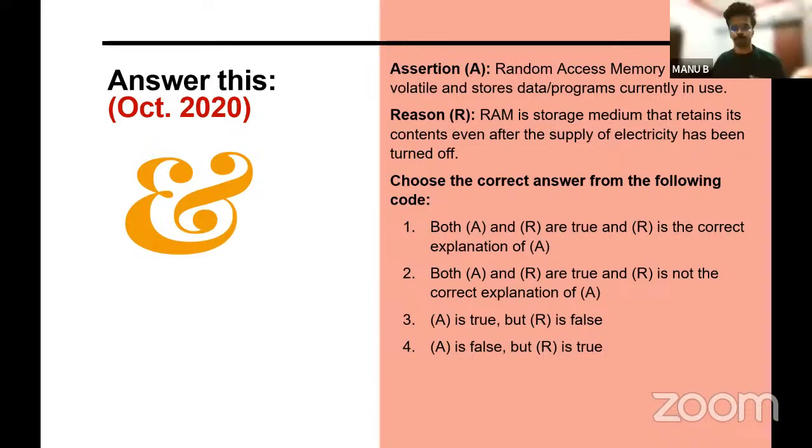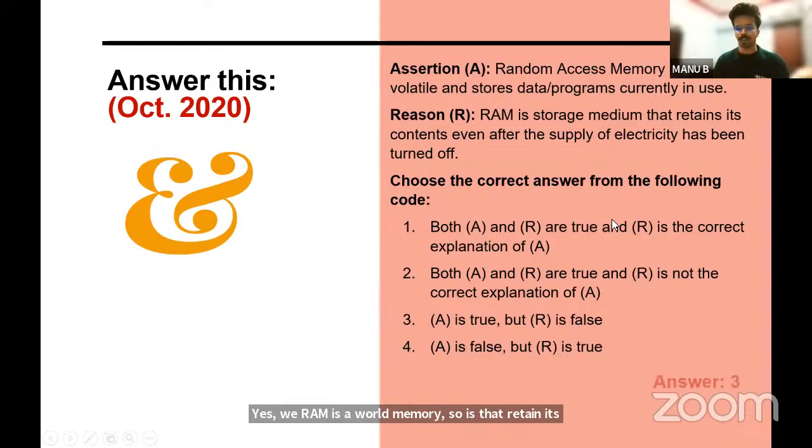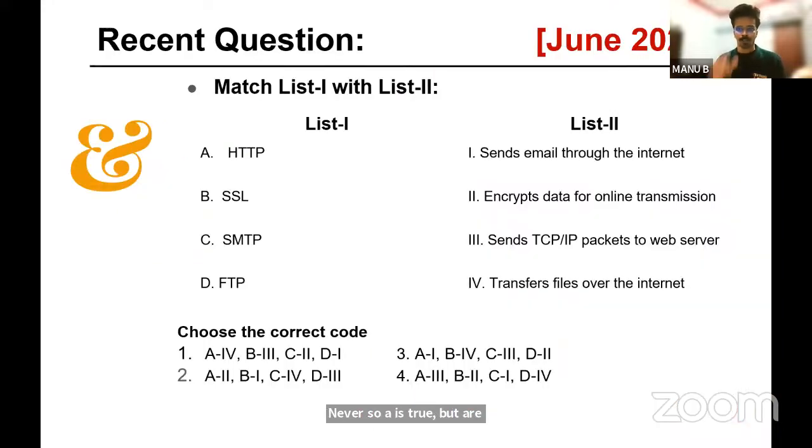Yes, RAM is a volatile memory. So does it retain its contents even after switching off? Never. So A is true, but R is false. That is the answer. One question from June 2024.